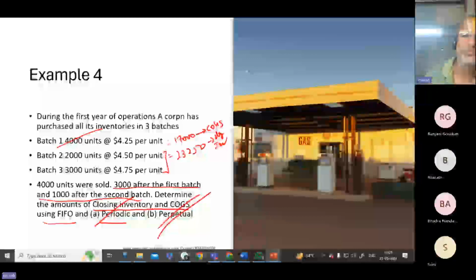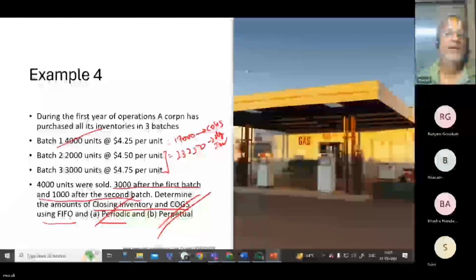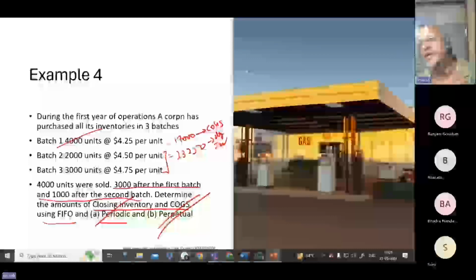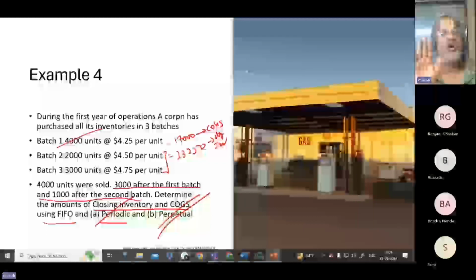Let me just challenge you. Unless the person works it out, he will not be in a position to get the correct choice. He may be an expert in all other matters, but unless he works it out, he will not be in a position to crack it. Am I right? Are you understanding what I'm telling? I'm not challenging anybody, I'm only complimenting people who are working hard.